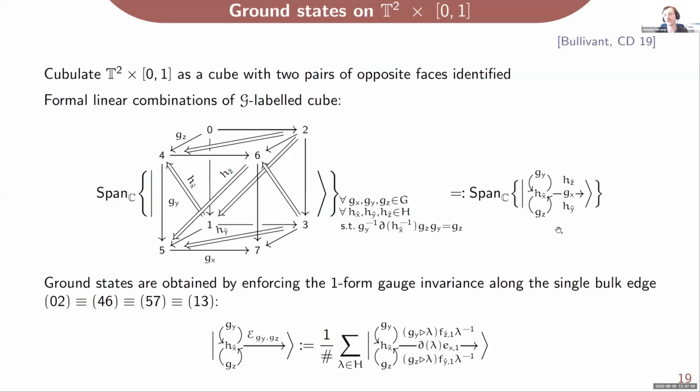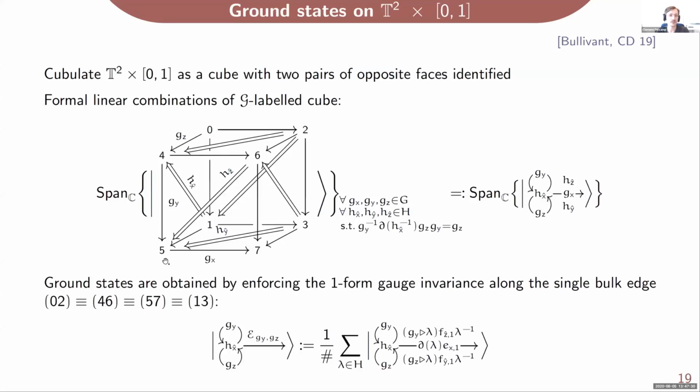On the right-hand side, there is a more symbolic notation, which maybe is helpful, and which also makes explicit the fact that we can think of this element as a groupoid element. Okay, so this is just a superposition of flat 2-connections. This is not yet a ground state on this manifold.